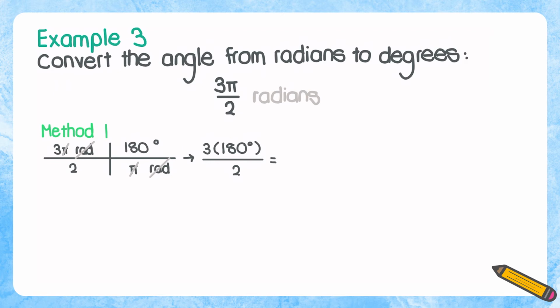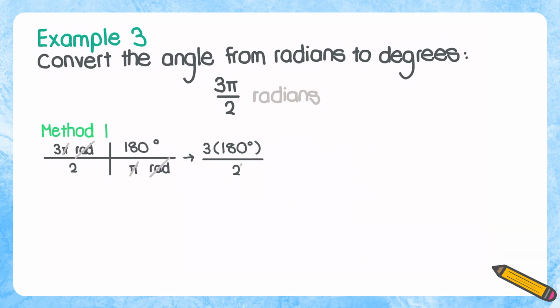We know that 3 times 180 is 540. So we can write this as 540 degrees over 2, which is 270 degrees.